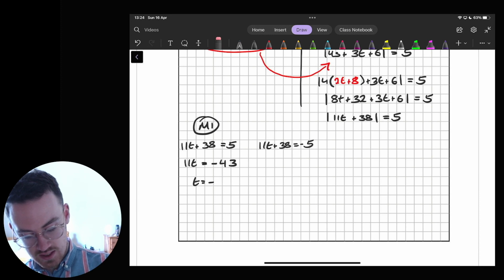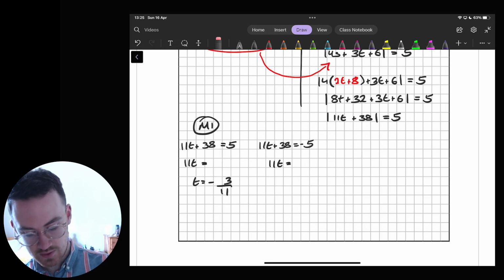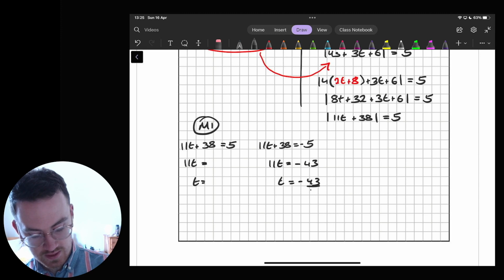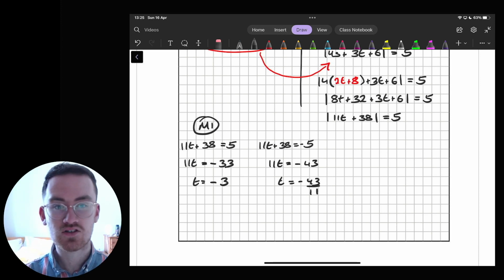So t will be minus 43 over 11, or 11t might be equal to, no, I was right the first time. Jumped the gun here, I was looking at the wrong one. Minus 43, so here t is minus 43 over 11, that makes sense. Here we're getting that 11t is equal to minus 33, which means that t is just minus 3.